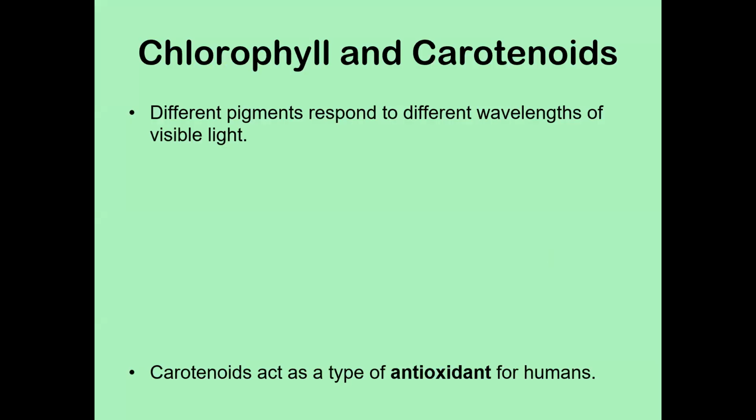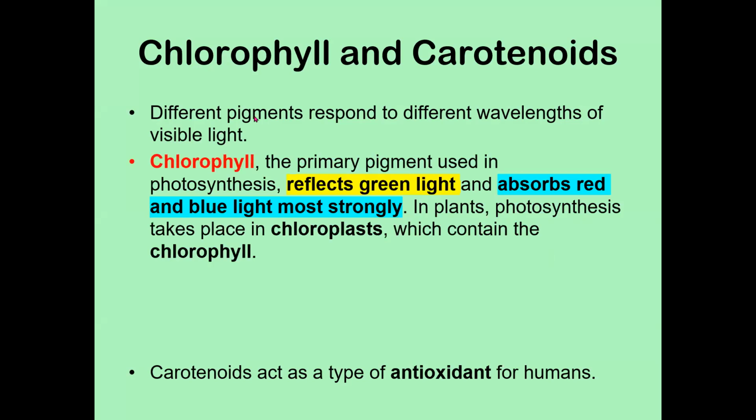So chlorophyll and carotenoids are different pigments. In chlorophyll, they respond to different wavelengths of light. That's the important thing. Visible light. There's lots of light that's not visible. Chlorophyll is the main pigment in photosynthesis.